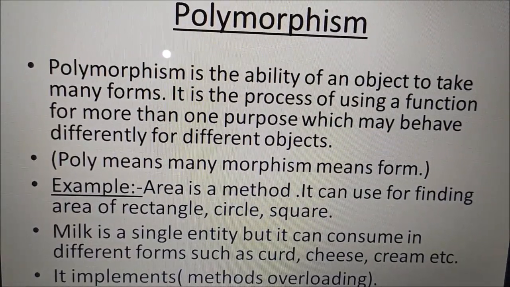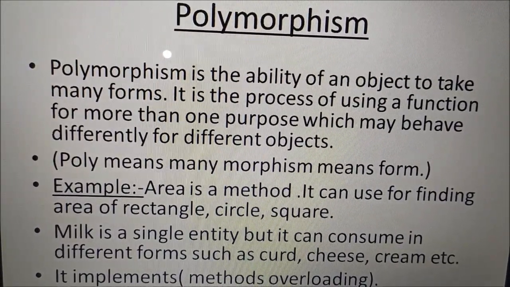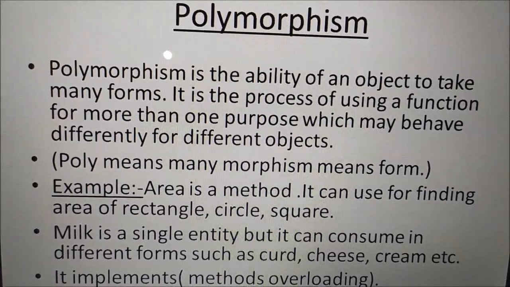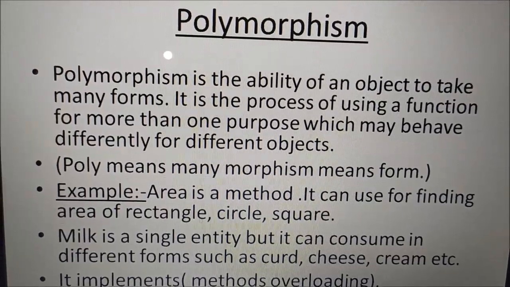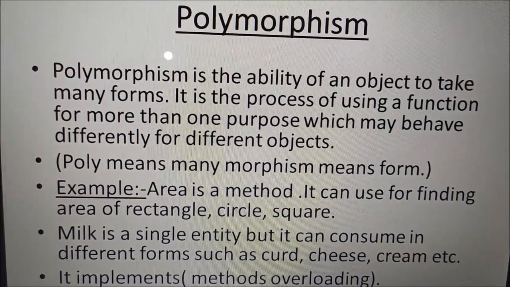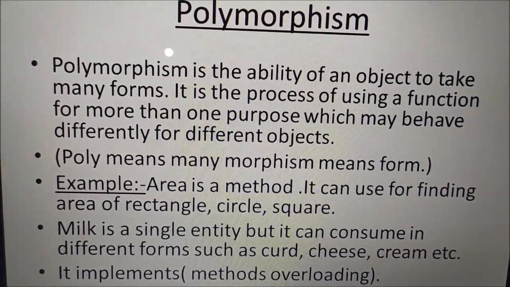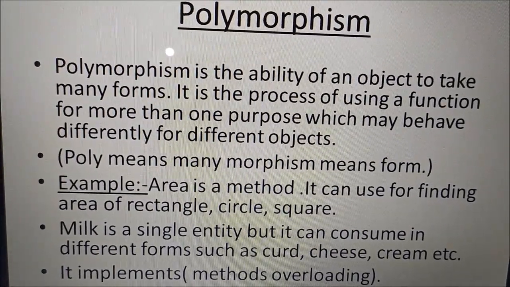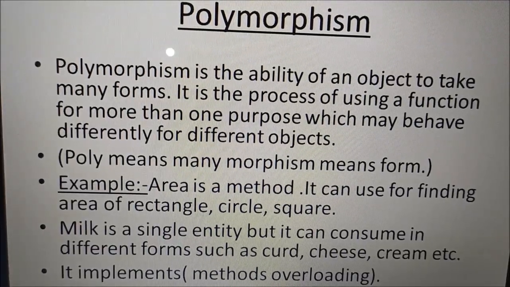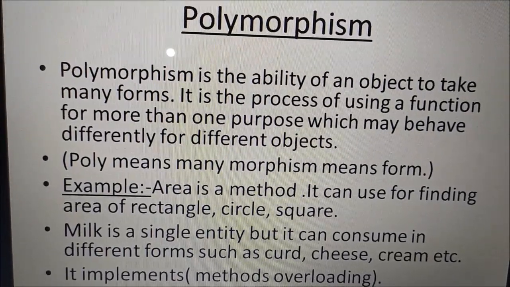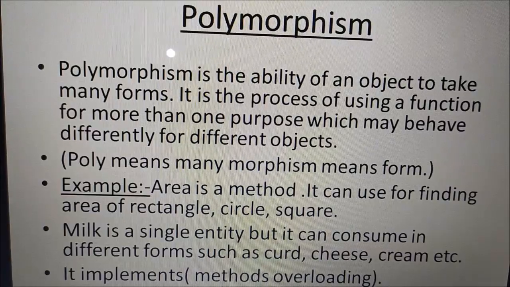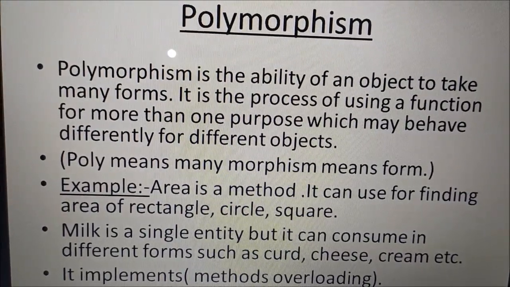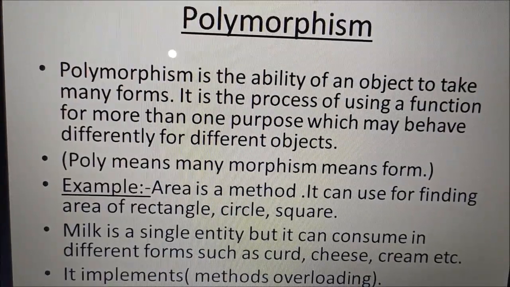But the method is one, that is area, and it behaves in a different way for different objects. This polymorphism principle implements function overloading. When you learn the functions chapter, you will learn how it implements function overloading. That means one function having one, the same name, is used for more than one purpose.